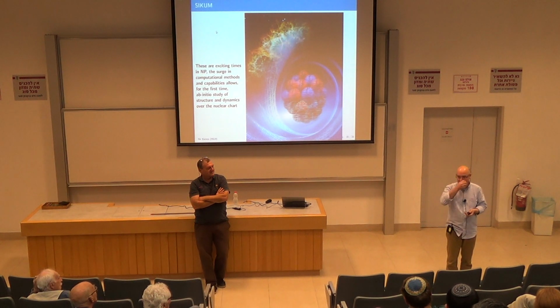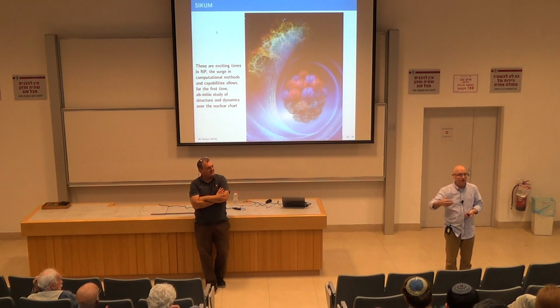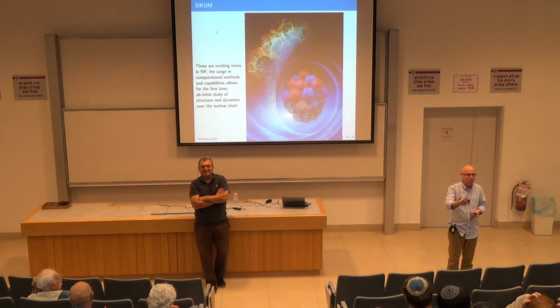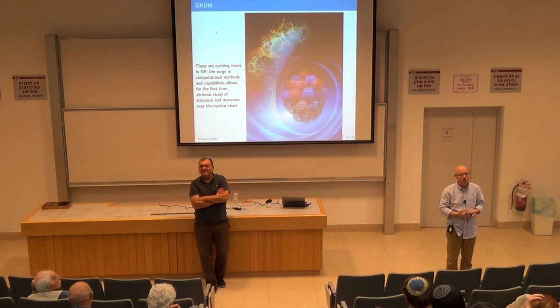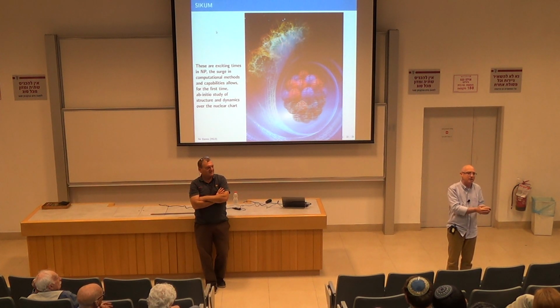Then you will have a vector weak current and an axial vector weak current. And with that, you can couple again to this Z-naught exchange the electron to the system.